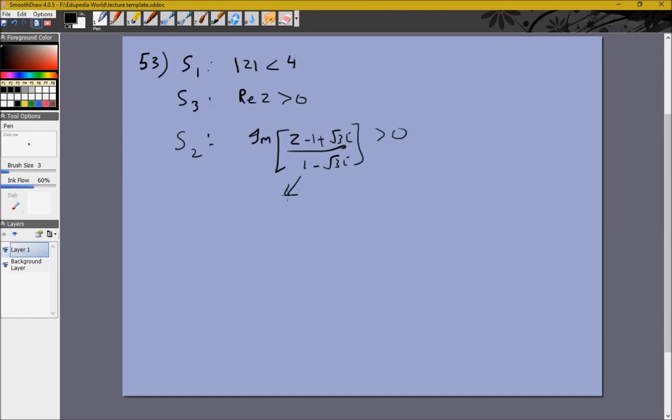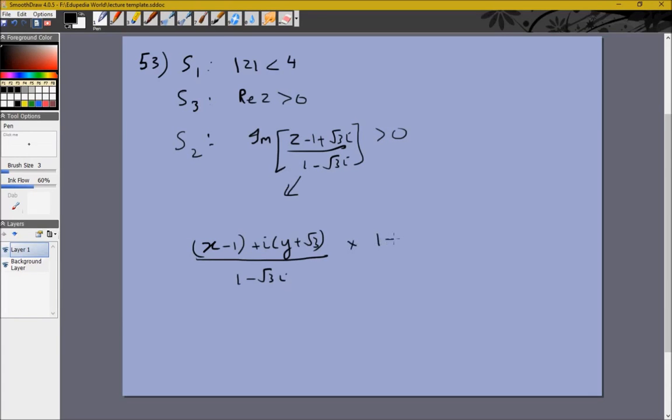So let's simplify this number first and say z is equal to x plus iota y. So we get x minus 1 plus iota times y plus root 3 by 1 minus root 3i. Right, z minus 1 plus root 3i. We know what we do here.